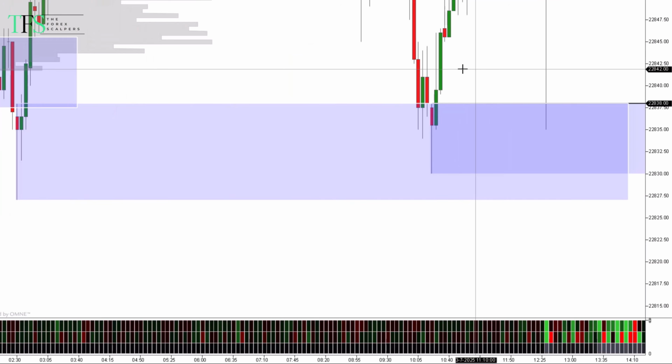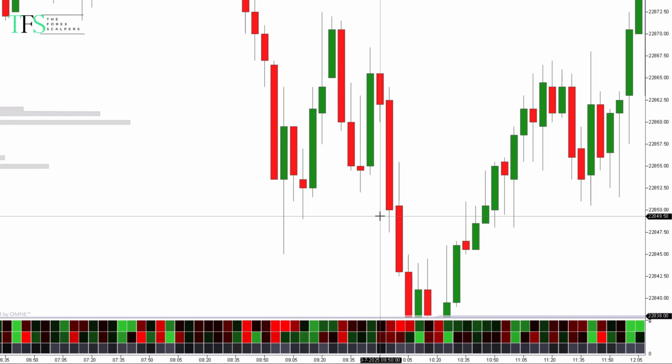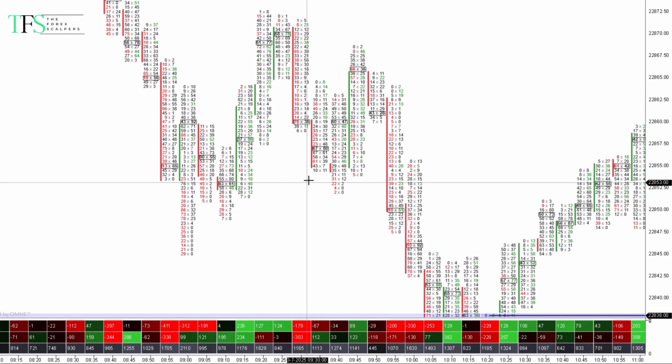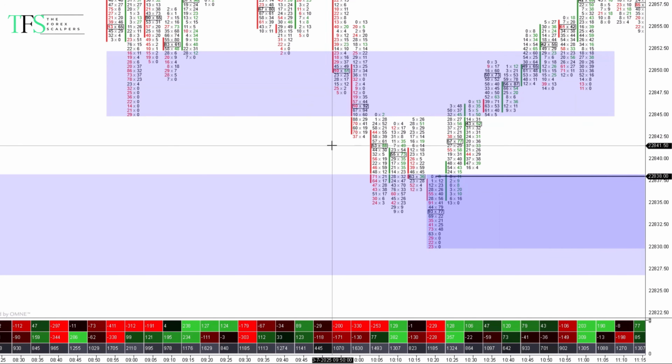And then again, in the pre-markets, price traded back with a lot of aggression. Those big whales put price lower during the entire London session into this lower territory. And then again, price found balance within this level.